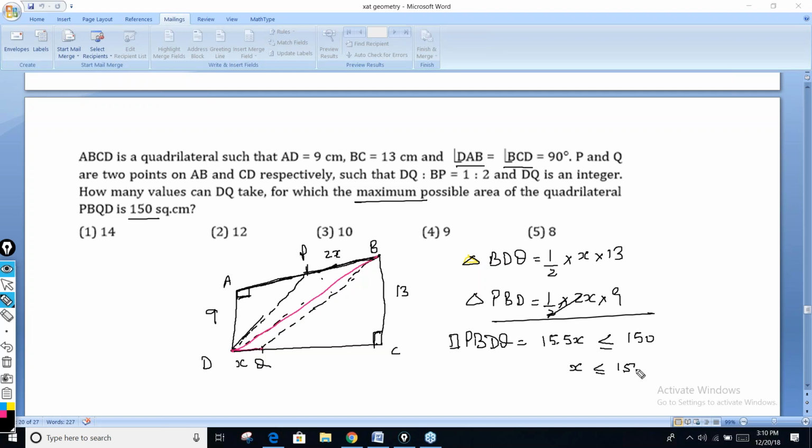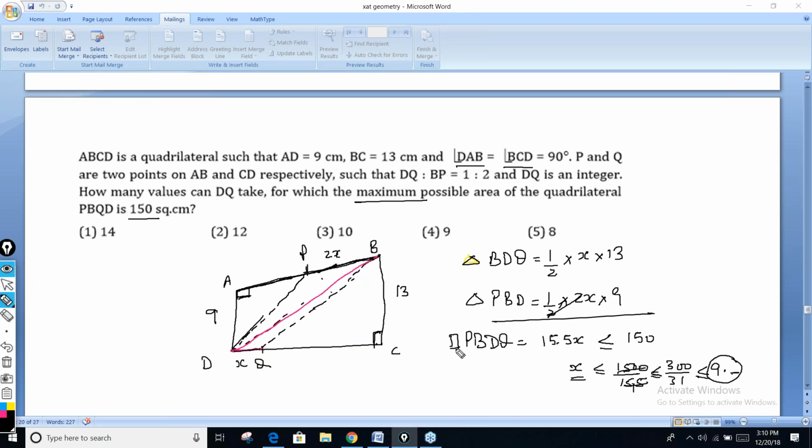X is less than 150 upon 15.5. If I cancel out, that comes out to be 300 by 31, which is nearly less than equal to 9 point something.